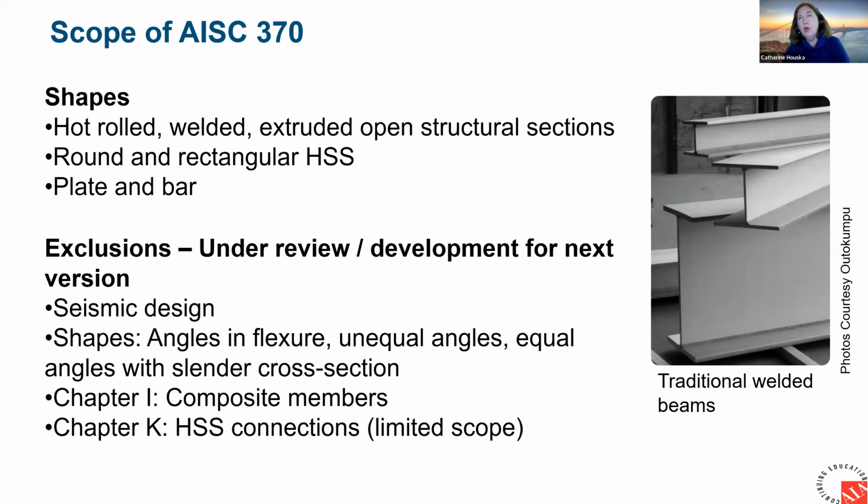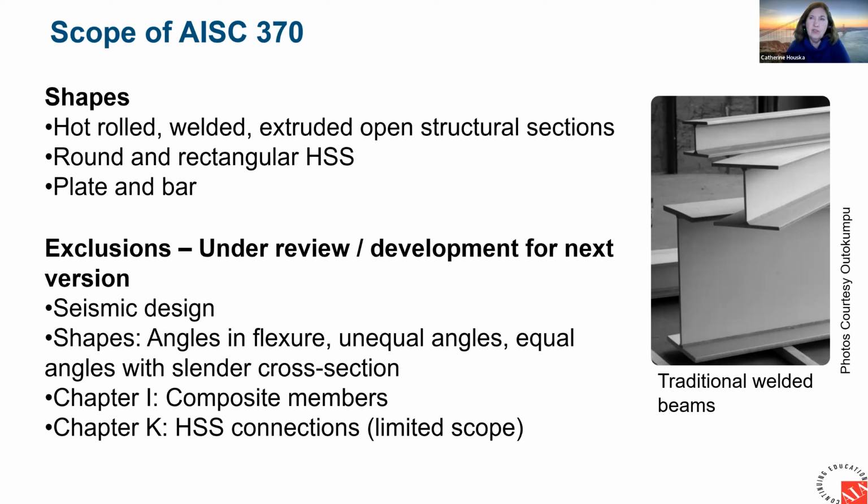So the scope of AISC 370 includes everything that's heavier products: hot rolled, welded, extruded, open structural sections, round and rectangular, HSS, plate and bar.